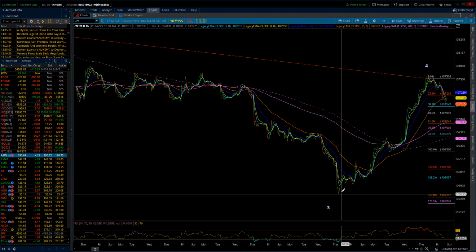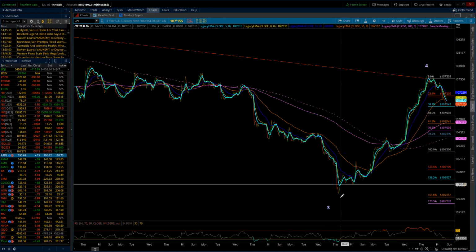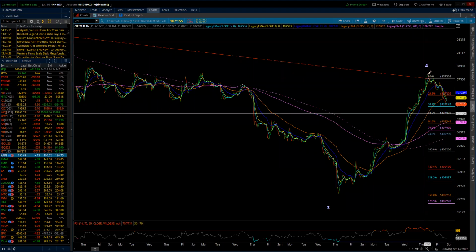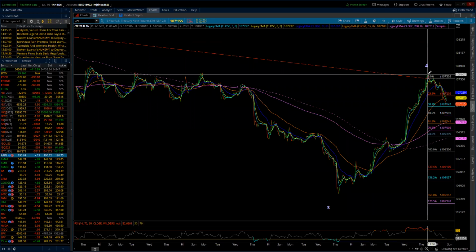That's a huge move to do in a week and a day, basically. This low was July 6th. This high was July 13th. Pretty amazing. So it was an incredibly strong rally in the 5-year.